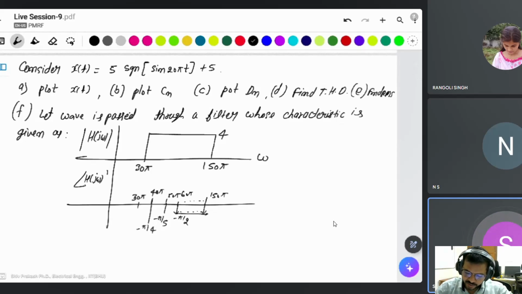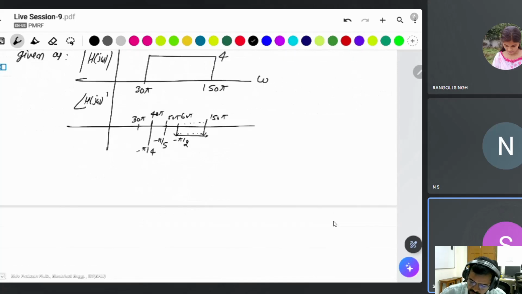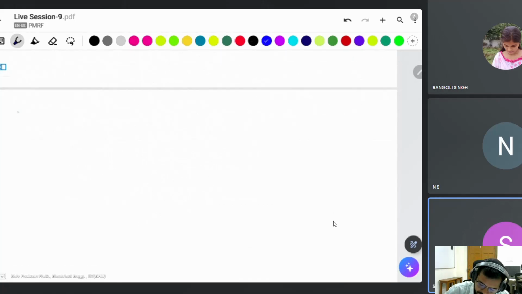First of all, plot x(t). What is x(t)? Constant 5, signum, sine, signum function. What is the signum function? You know about the step signal? The step signal is this one, 0 to infinity is 1, unit step equal to 1.